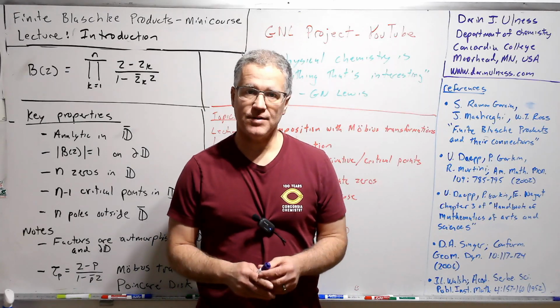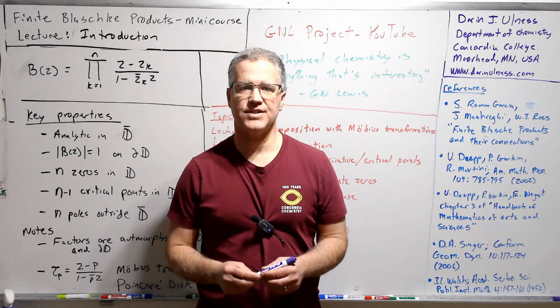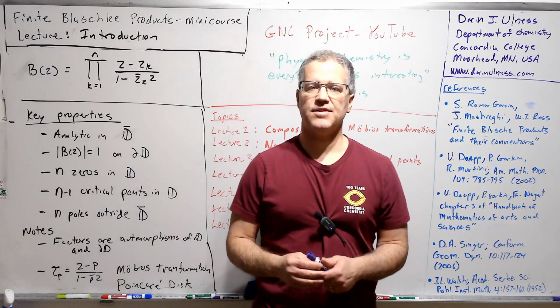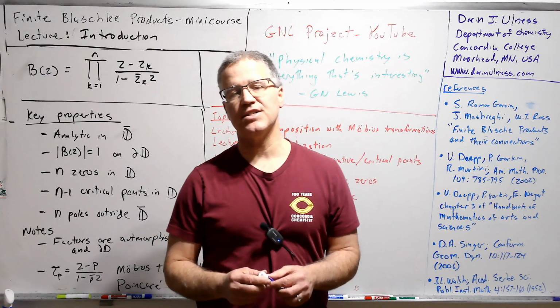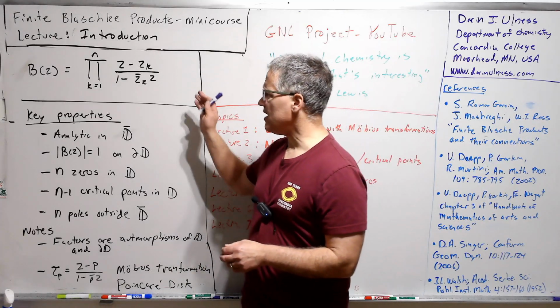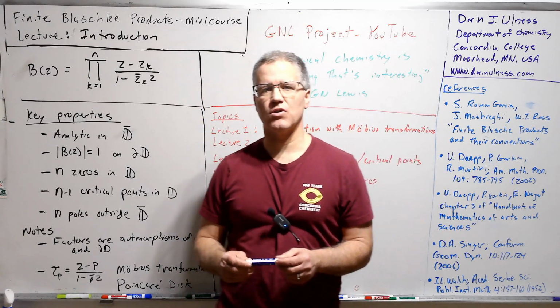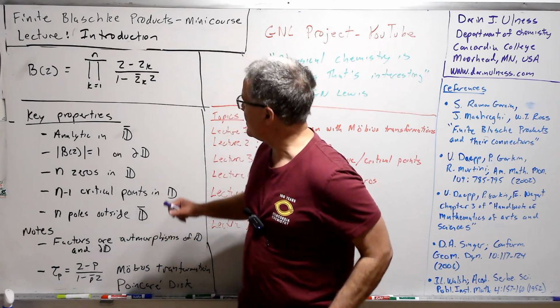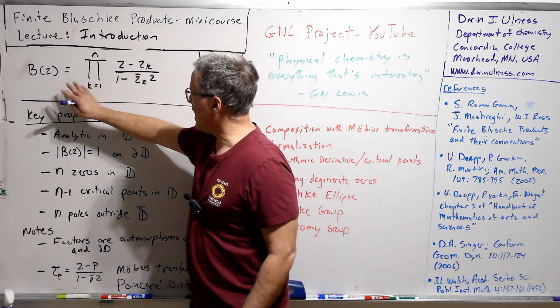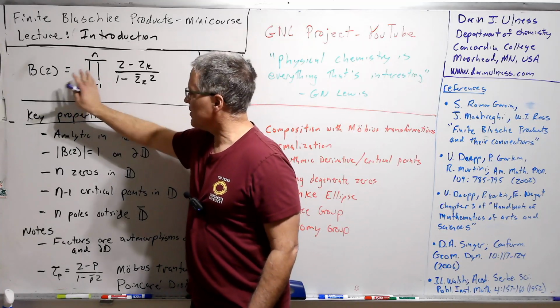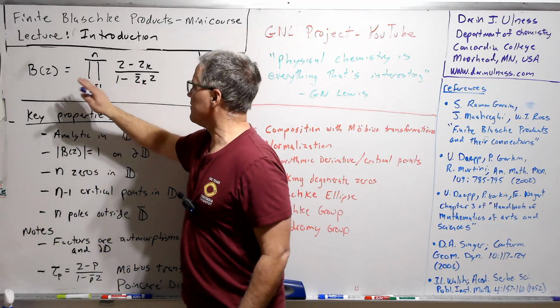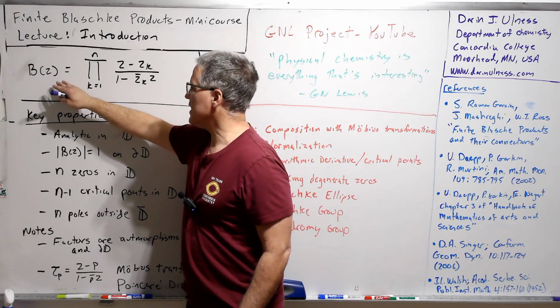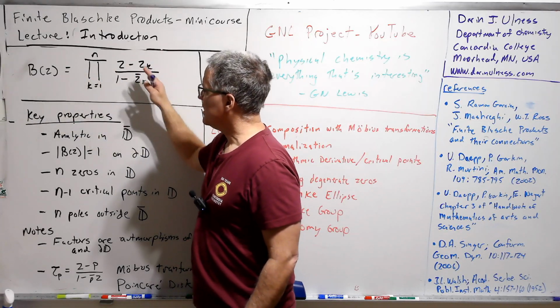Now, I am very much interested in mathematics. I love all areas of math, but my favorite area is complex analysis. And I've recently been learning a bit more about these finite Blaschke products. Well, they're a meromorphic function on the whole complex plane defined by this.